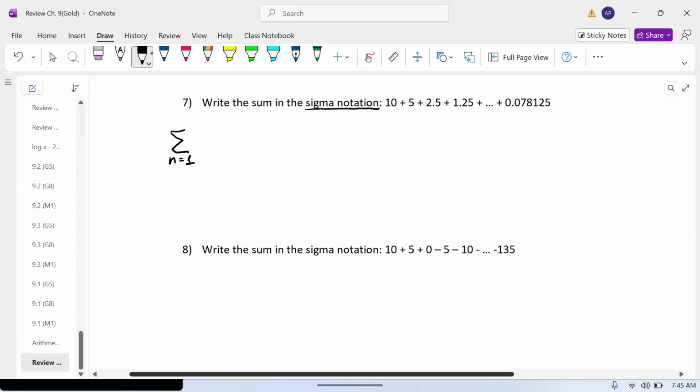At the top, we're going to put the number of terms, or the number of the last term. If you start with 1, they're the same thing. If you don't start with 1, then the number of the last term and the total number of terms are going to be a little bit different. That's why I always suggest starting with 1 at the bottom. And then in the middle, this is going to be your a sub n formula.